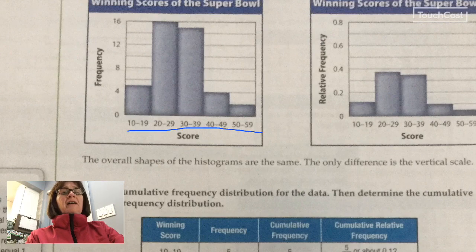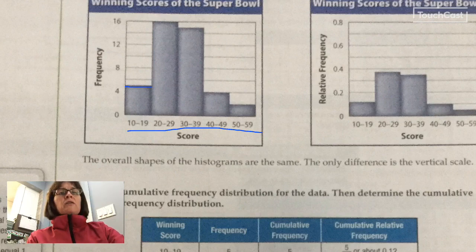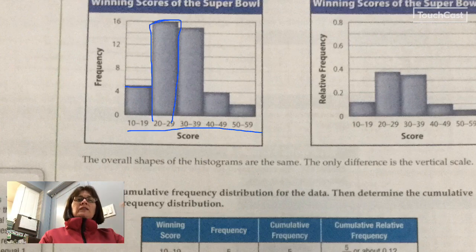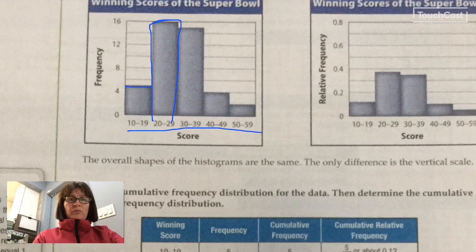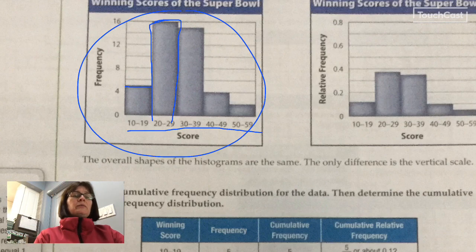There were 5 scores between 10 and 19, so I have a height of 5. There were 16 scores in the 20s, so this has a height of 16. And I make my histogram. This is a frequency distribution histogram, just like I made for the people at the gym in that example we started with.